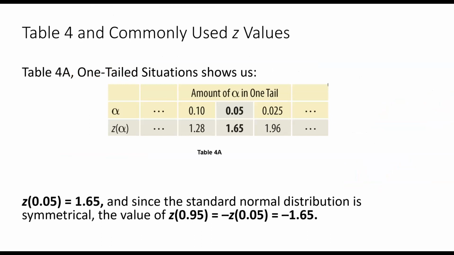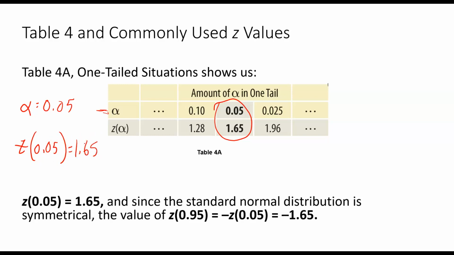This is an excerpt from table 4. So what it tells us is that for an alpha given on the top row, the corresponding Z of alpha is below. So if I look at this particular example, if alpha equals 0.05, Z of 0.05 equals 1.65.